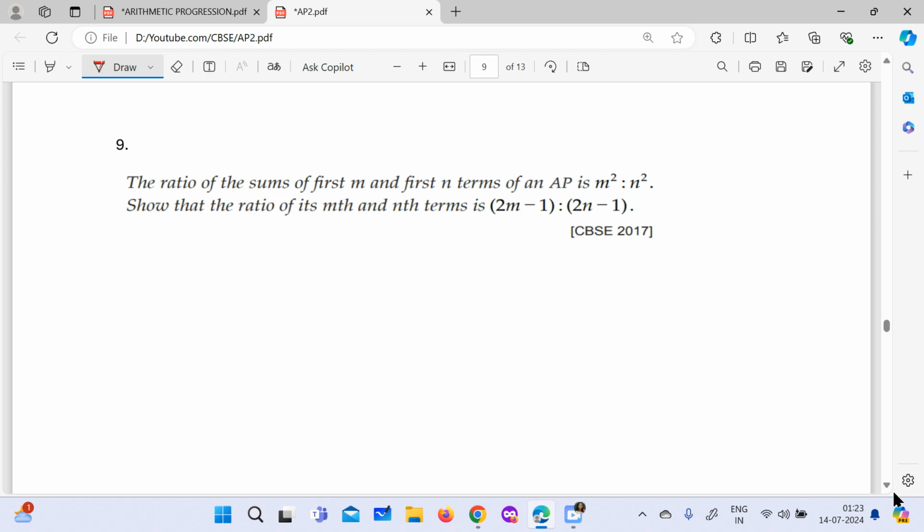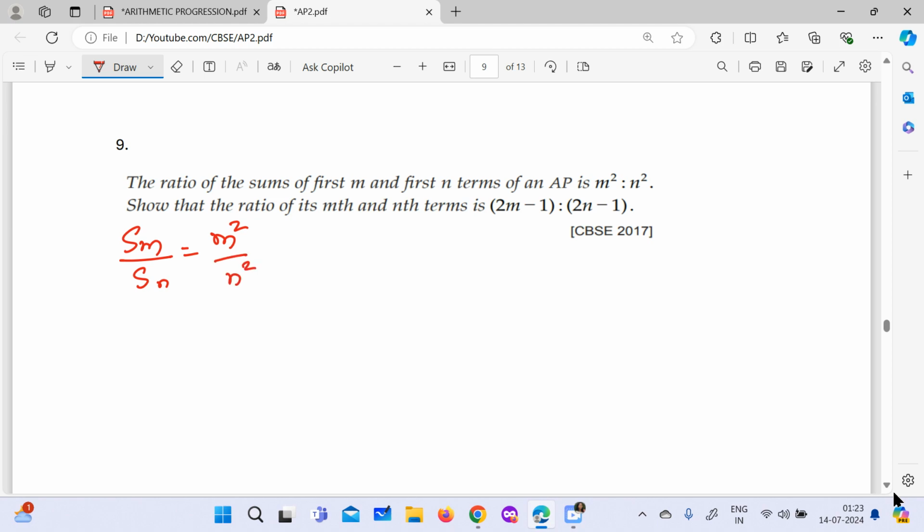So this says ratio. As soon as it says ratio, we can write Sm over Sn, that is equal to m square over n square.